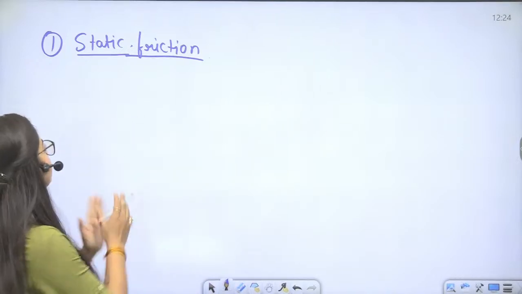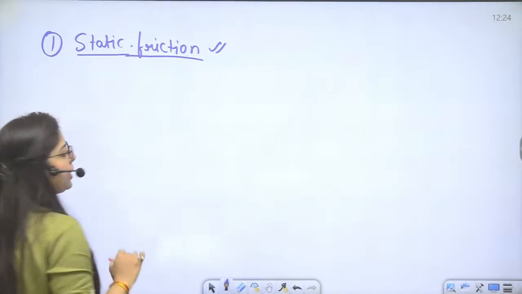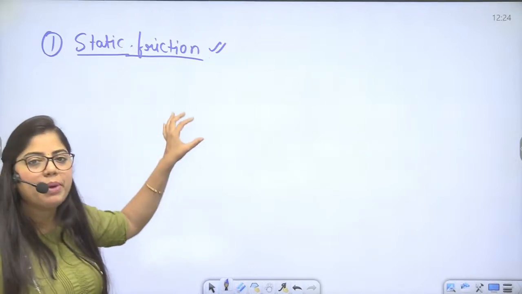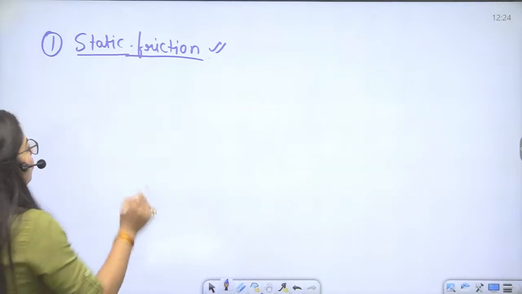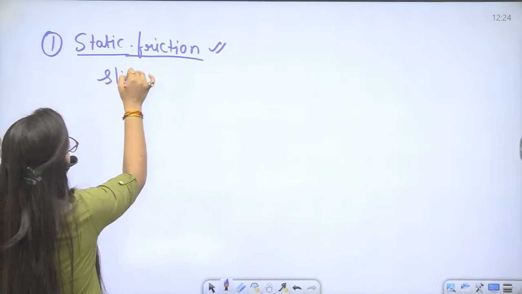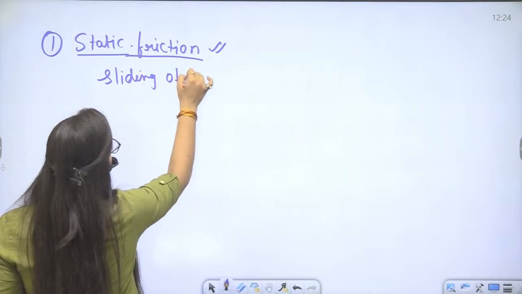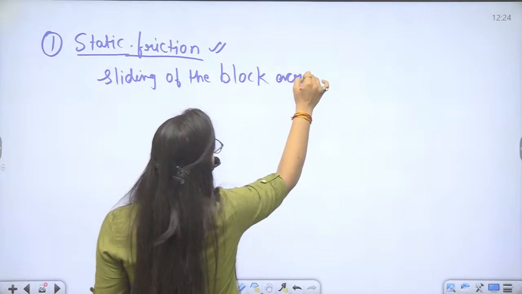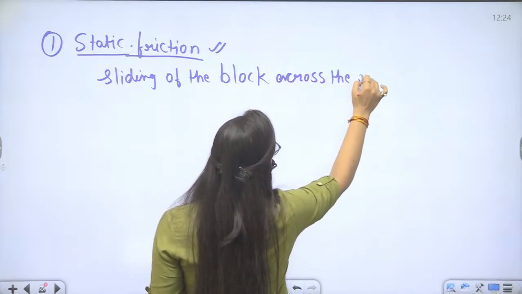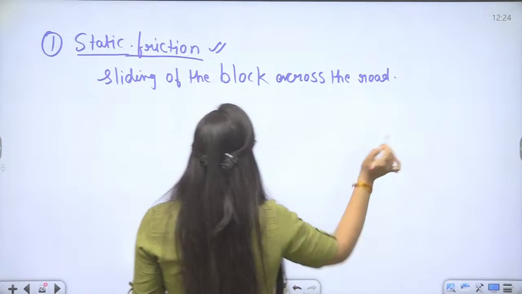That is called static friction. What are some examples of static friction? Sliding of a block across the road, like this.